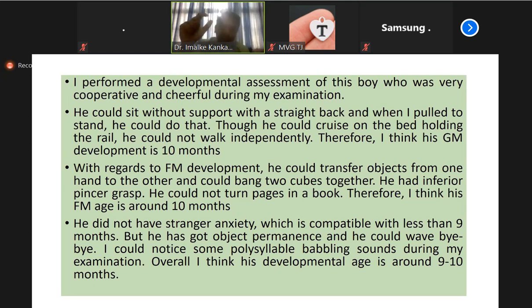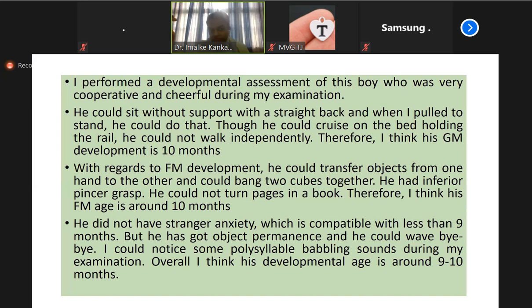That's why the child was very cooperative with you during your examination. If not, it's very unlikely. But he has got object permanence and he could wave bye-bye. I could notice some polysyllable babbling sounds during my examination. Overall, I think his developmental age is around 9 to 10 months.